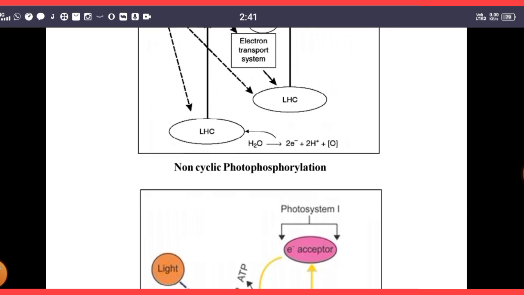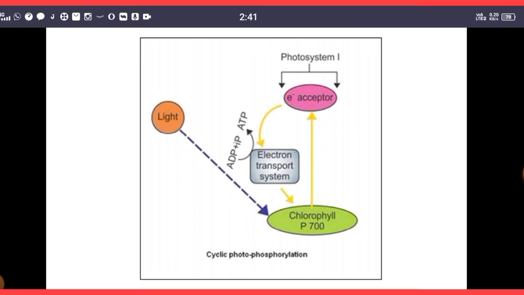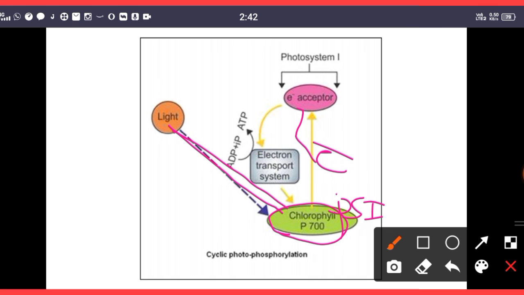Next, you can go to cyclic photophosphorylation. In cyclic photophosphorylation, only PS1 participates. The chlorophyll present in PS1 is P700, which gets oxidized when exposed to light, and electrons are released. These electrons pass through electron acceptors, one ADP is converted into ATP, and again the electron comes back to the chlorophyll P700 of PS1.